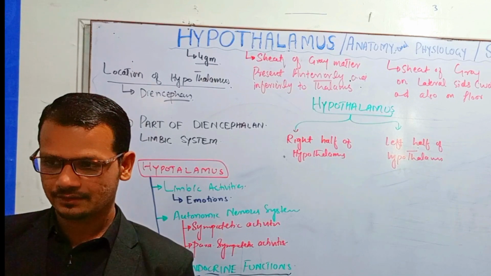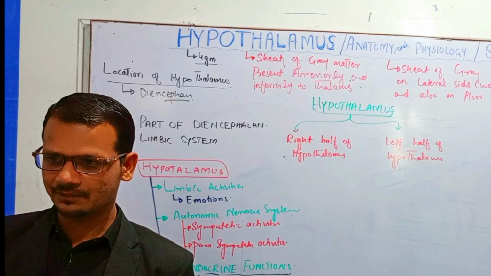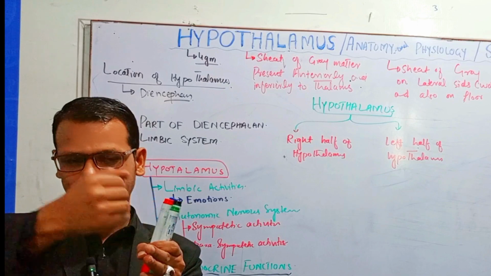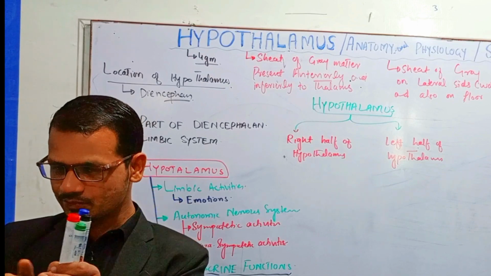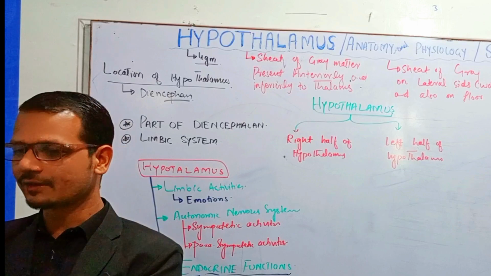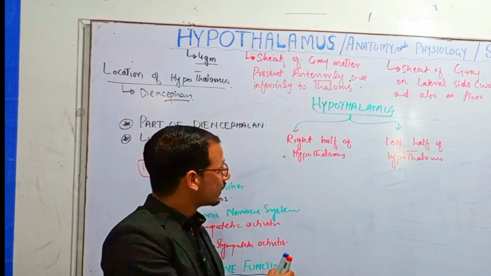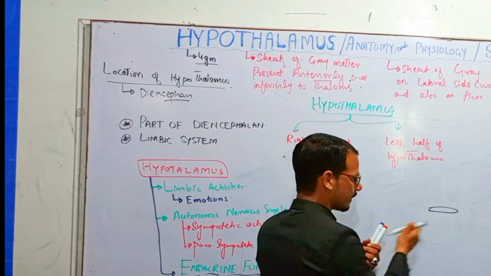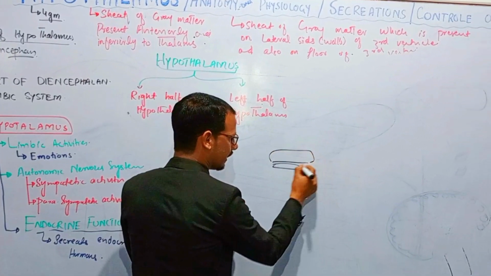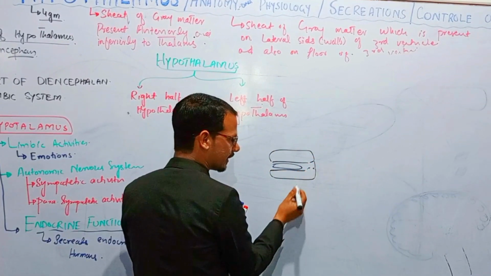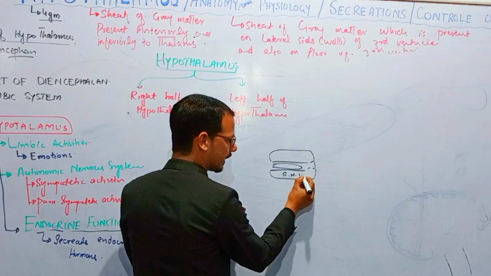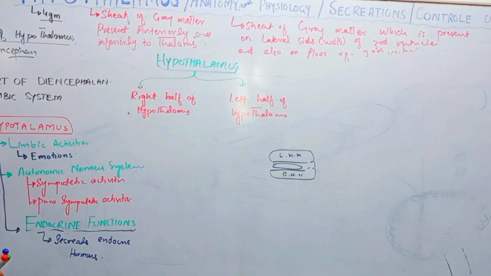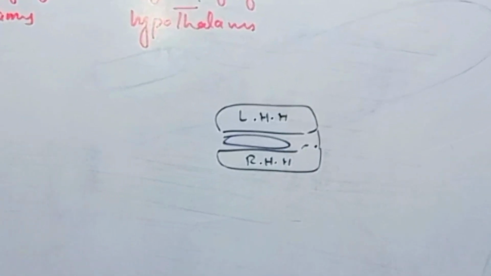One is the right half of hypothalamus, which is present on the right side of the third ventricle, and the second is the left half of hypothalamus, which is present on the left side of the third ventricle, because this is the third ventricle. This is the right half of hypothalamus, and this is the left half of hypothalamus, right? This is in relation with the third ventricle, right?